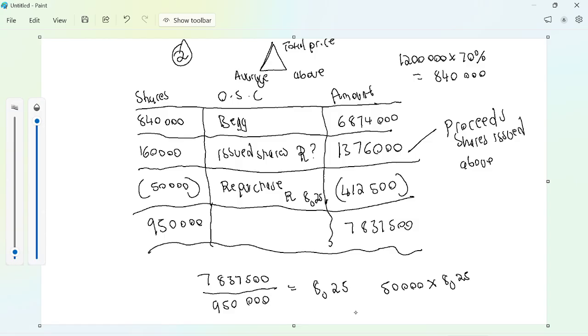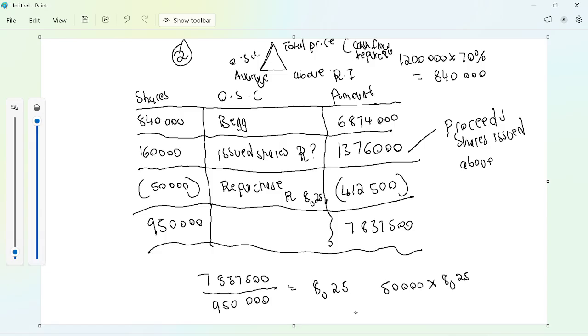Remember, average price goes to ordinary share capital, above price goes to retained income, and this one goes to the cash flow statement under financing activities, for the repurchase shares, meaning the bought back.